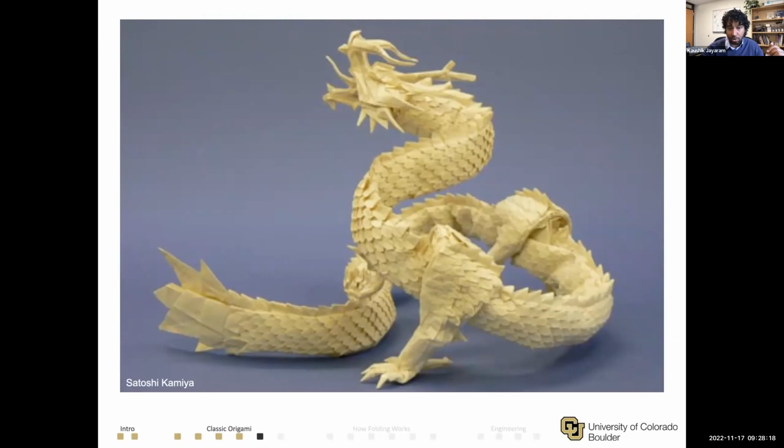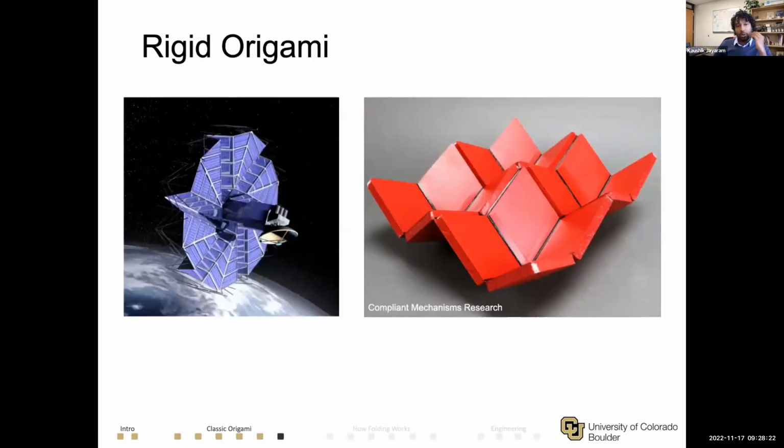And here's a really beautiful recent example. Rigid origami has not just been used for making robots, as I showed you, but it's been really popular as a means for making things like satellites, because you can collapse these structures into really small form factors.